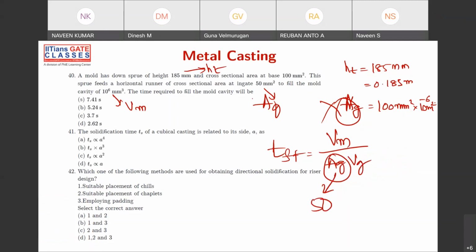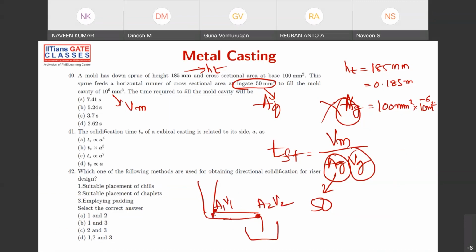There is no doubt in that because he has given the in-gate clearly. For Vg, we have to do some trick here. Because here we had a sprue and there is some runner here. Then only it is trying to fall into this. This runner from here to here, there will be some loss in velocity. That is velocity. A1 V1 is equal to A2 V2. This will be the equation that you have to use, the continuity equation.